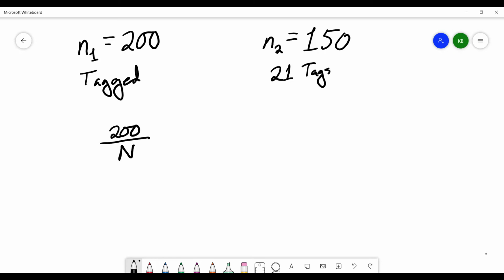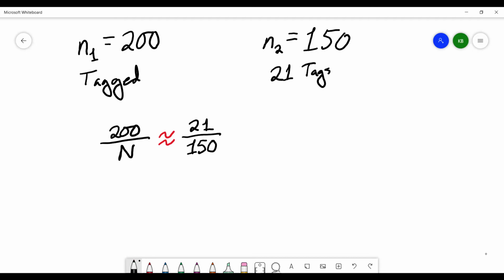And assuming that my second sample was representative of the whole population, then this should be the same proportion as the 21 tags that I captured in my 150 fish in my second sample. So I can set up this proportion, and instead of using an equal sign, I say, it might not actually be completely equal. It's going to be really close though. It's going to be approximately.